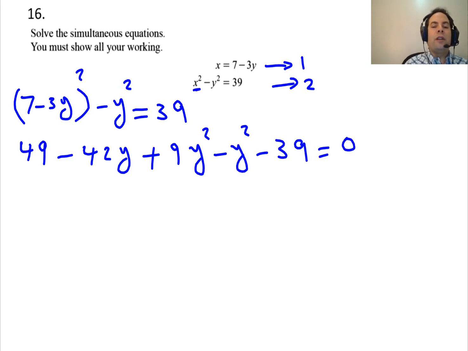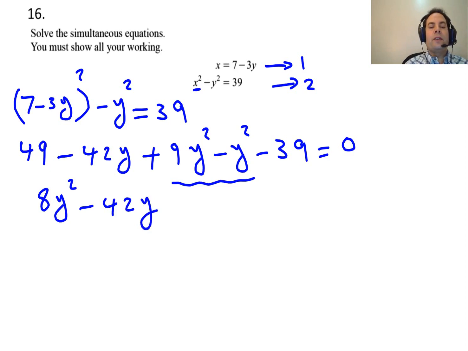Simplify more. 9y squared minus y squared is 8y squared minus 42y. 49 minus 39 is positive 10, equal to 0.